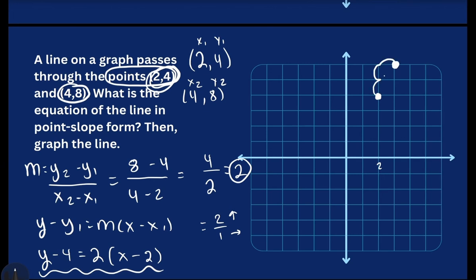And then to make more points, I'm going to go the opposite direction. So down 2 and to the left one, and repeat. And that's it. This is now my line.